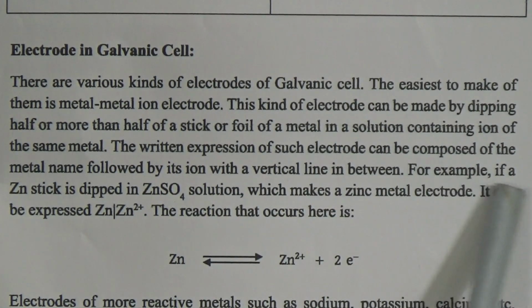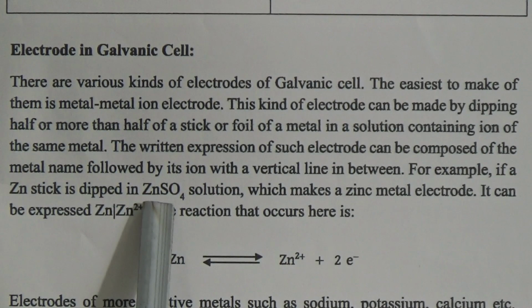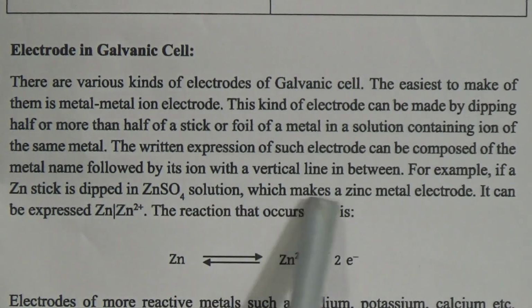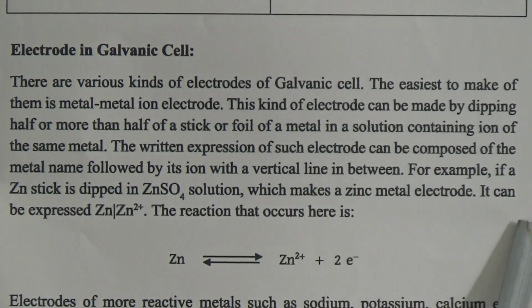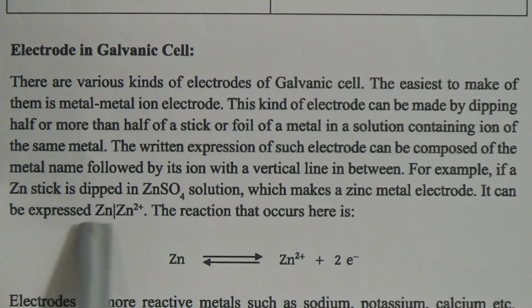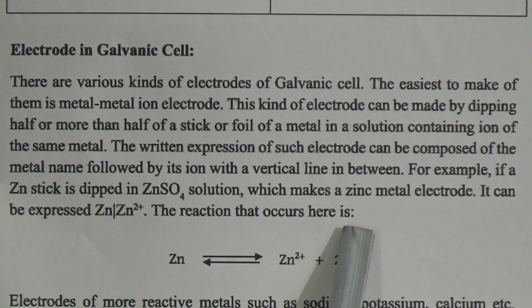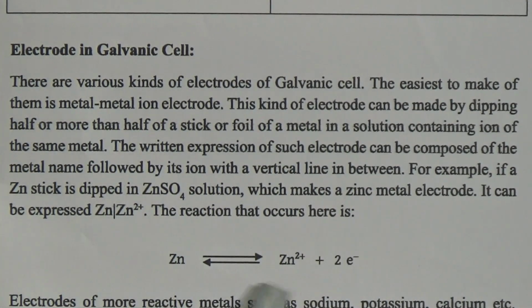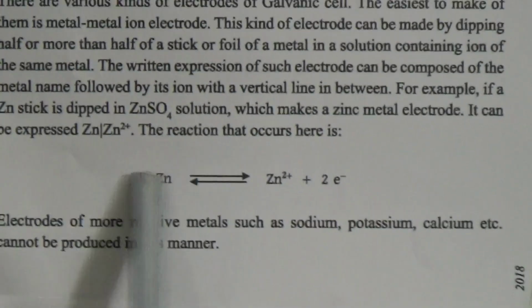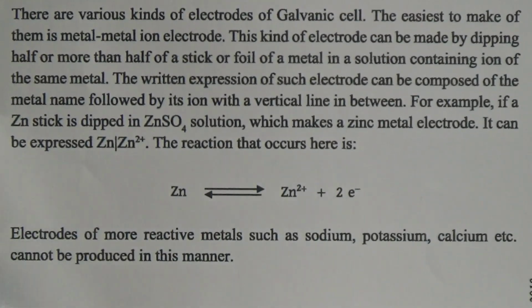For example, if a zinc stick is dipped in zinc sulfate solution, it makes a zinc metal electrode, and it can be expressed as Zn | Zn 2+, and the reaction occurs here. Zinc turns into zinc ion, giving us 2 electrons, and it can go in both directions.